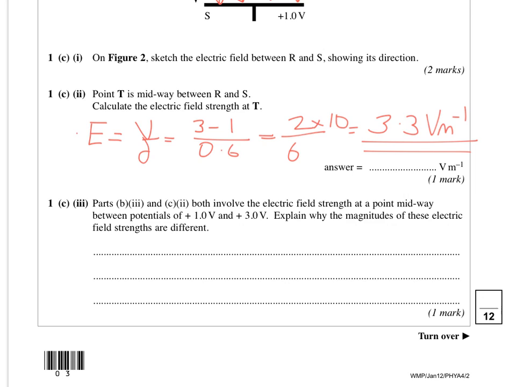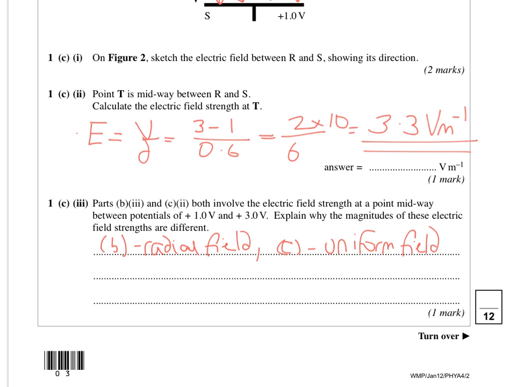So in terms of this, when we were looking at question B, we were looking at a radial field, whereas when we were looking at C, we were looking at a uniform field.